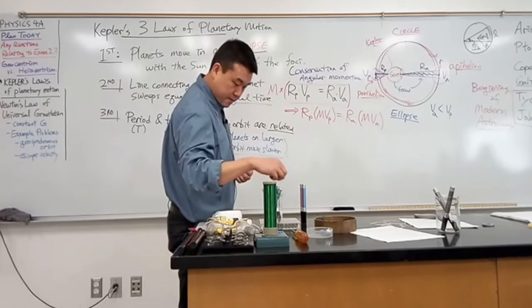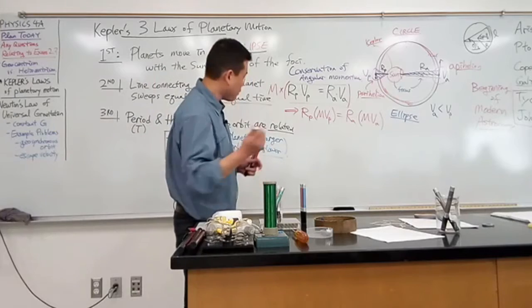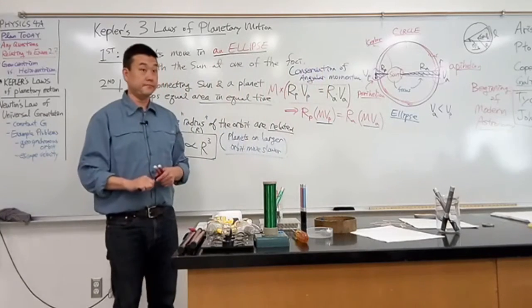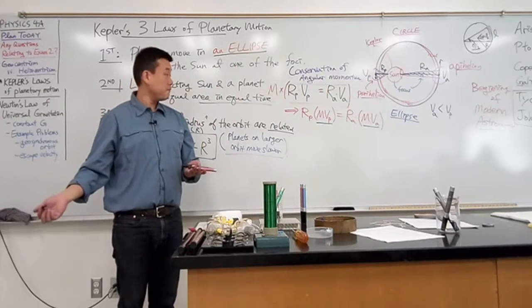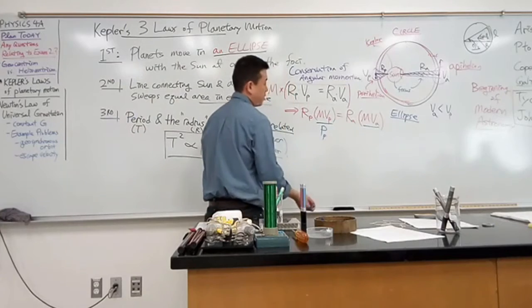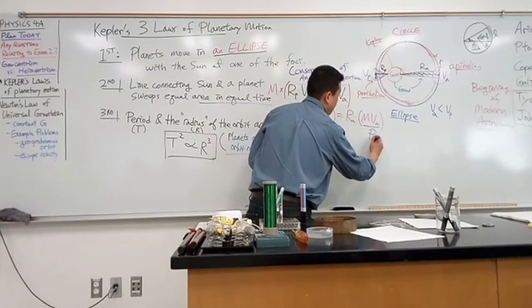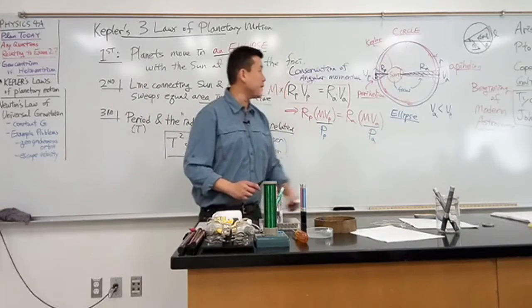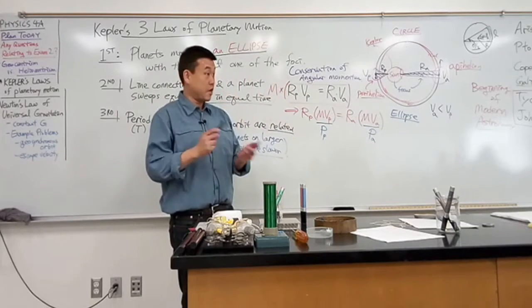What does this underlined quantity look like? Momentum of the planet, right? So the momentum of the planet at the perihelion and the momentum of the planet at the aphelion. So actually, even the magnitude of the momentum is not constant.